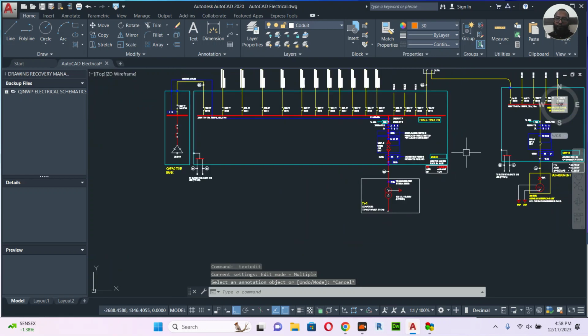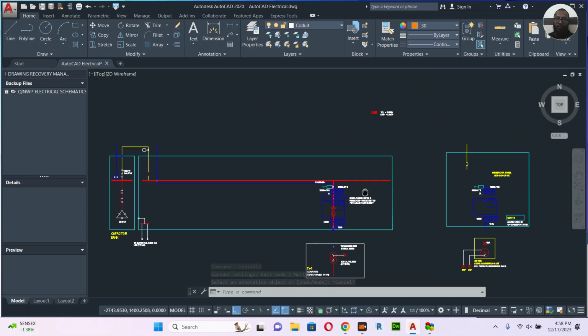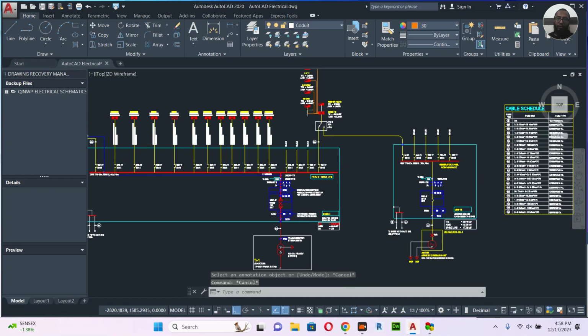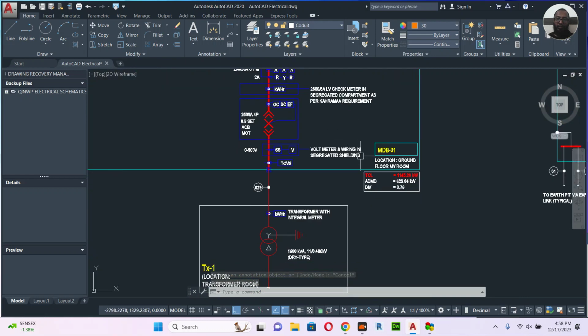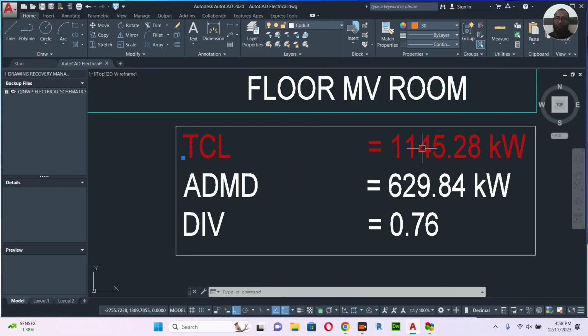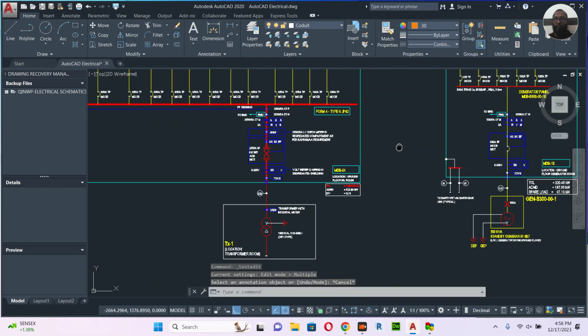Okay, so I have 1145 kilowatts total, and here also I have to put another 100 kilowatts. So let's go for 1200. Yeah, it will not come that much, but for safety purposes.